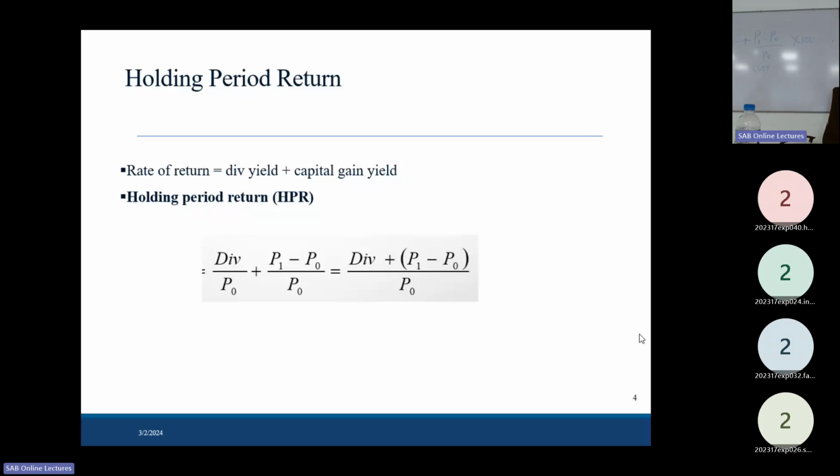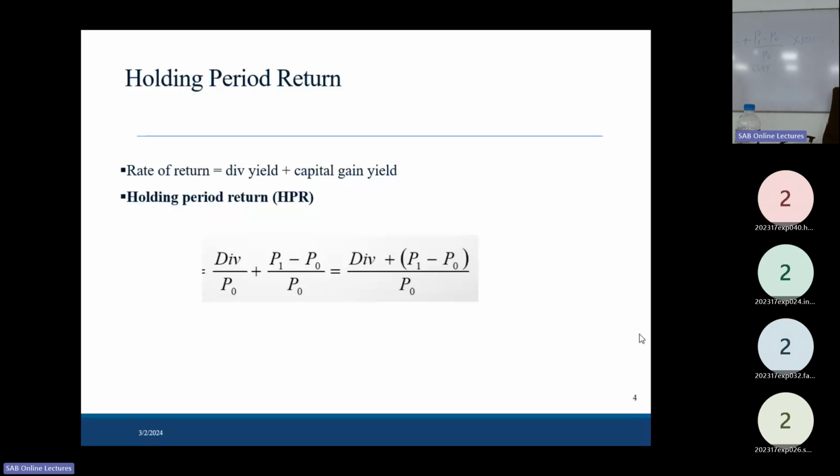But you are investing for a certain period, maybe 6 months, 90 days, 150 days, 1 year. So you can apply this formula to calculate your holding period return for your investment, for the holding days of your investment.